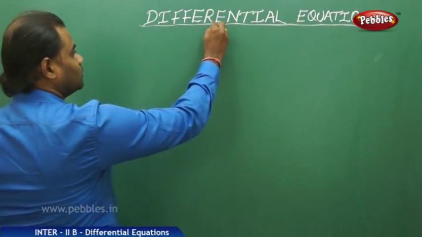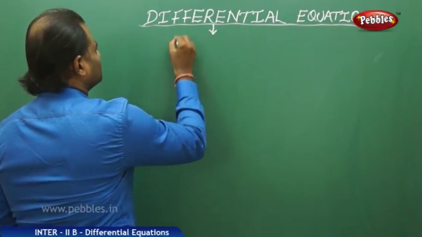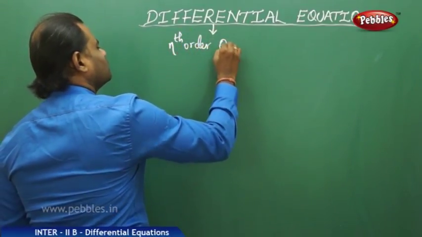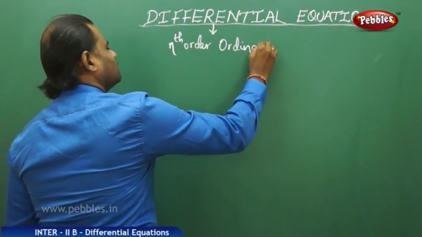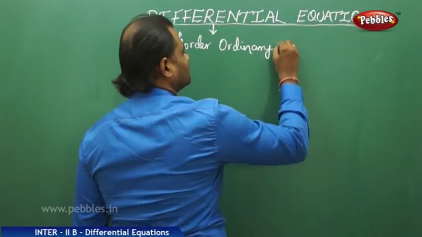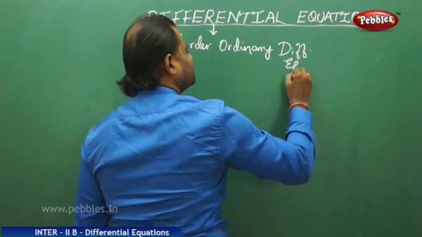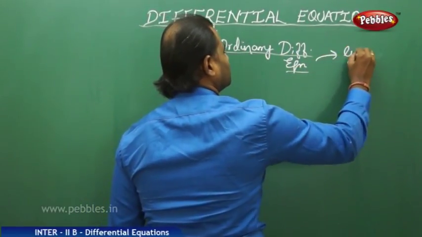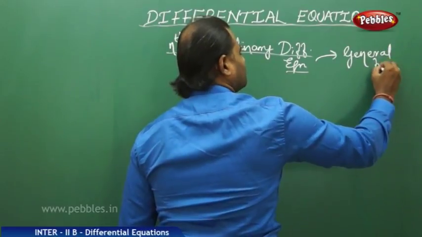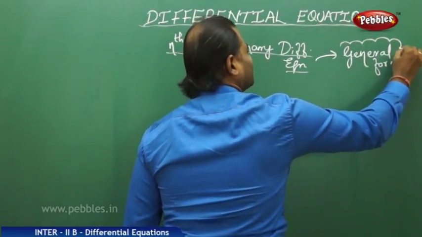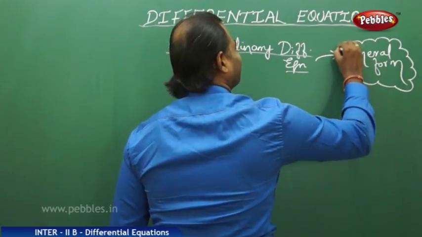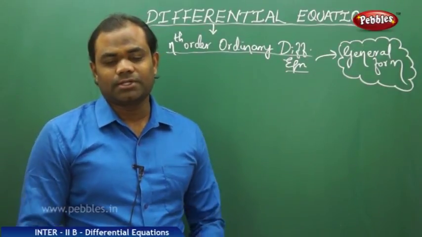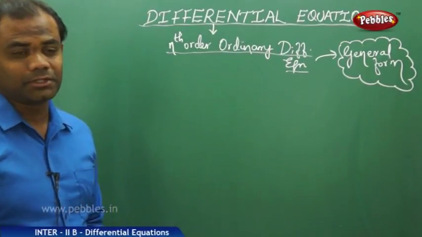So coming to the ordinary differential equation, which is nth order ordinary differential equation, which we're going to discuss in its general form. So what is an nth order ordinary differential equation in general form?